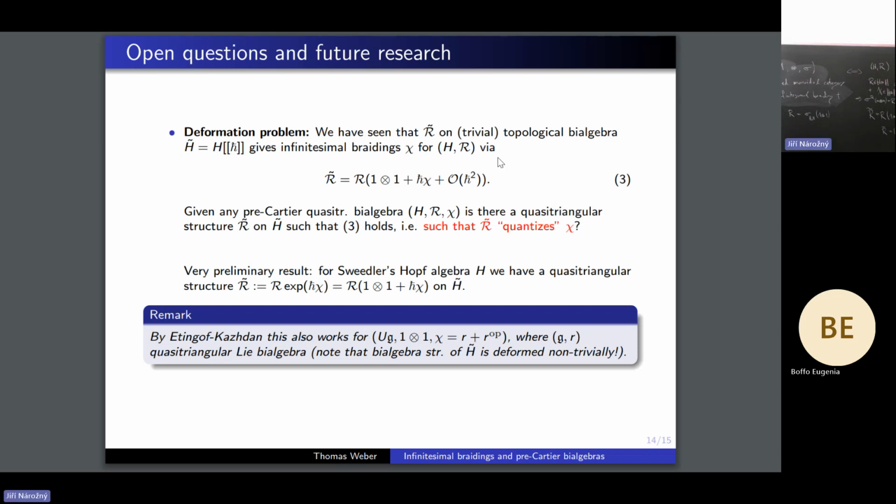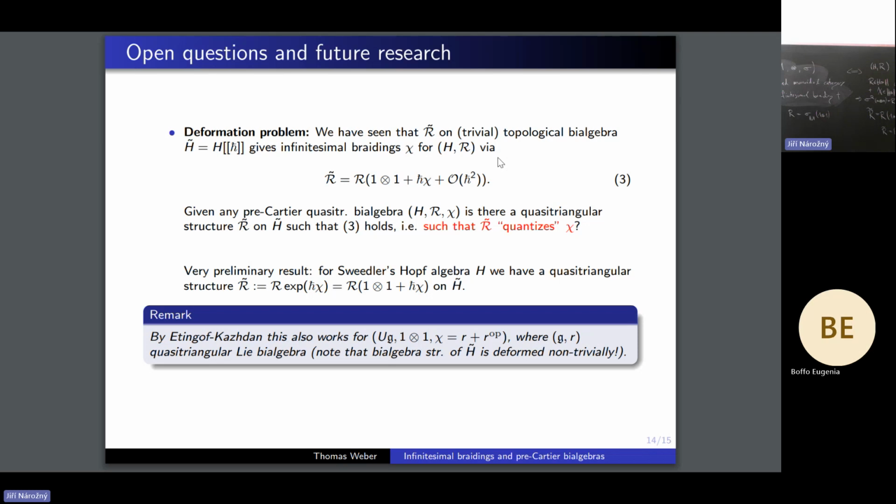But you can show that what you get here is actually a quasi-triangular structure on your formal power series. And what we try to understand is what this actually means. So is this some kind of quantization of your bialgebra that you are getting here?